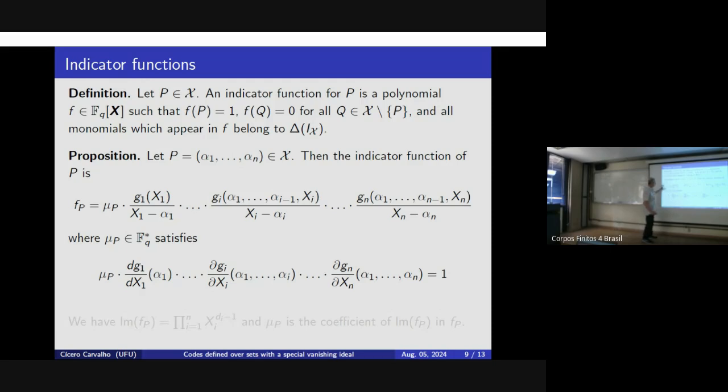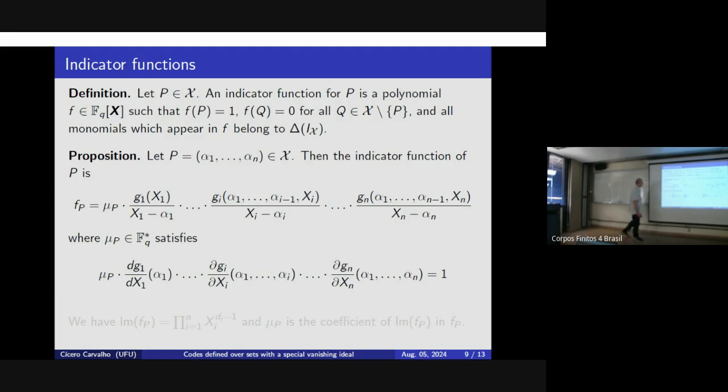This is actually a polynomial because alpha i is a root of this polynomial. And alpha i was a simple root of this polynomial, so this is a non-zero element. So we may determine the leading coefficient of the leading monomial of F_P, which is this mu_P.